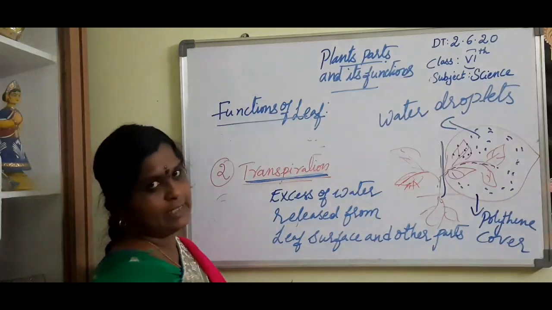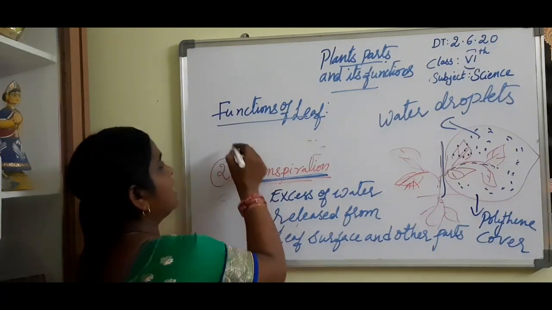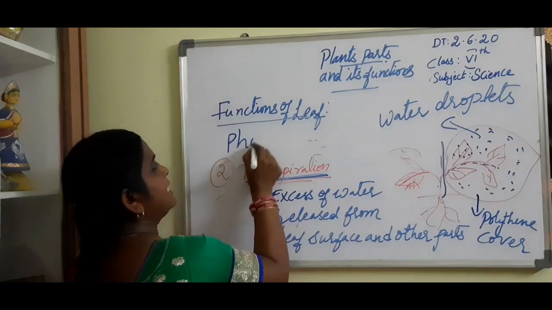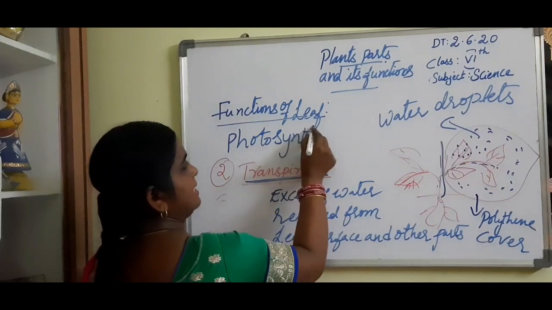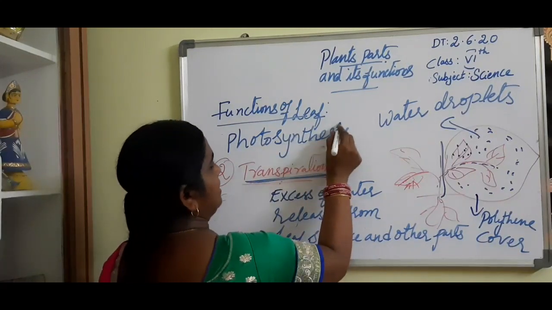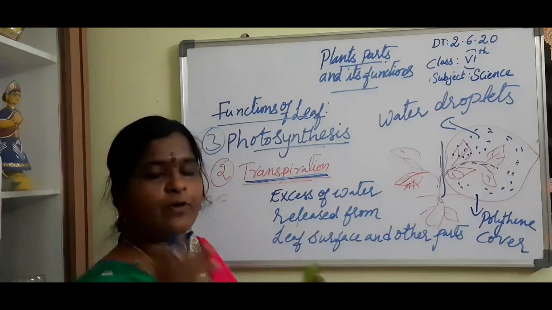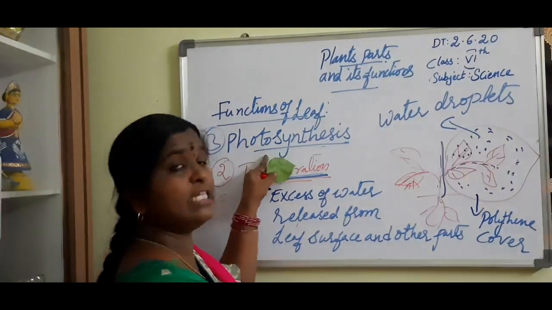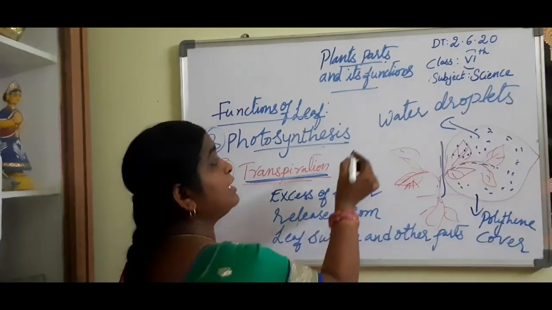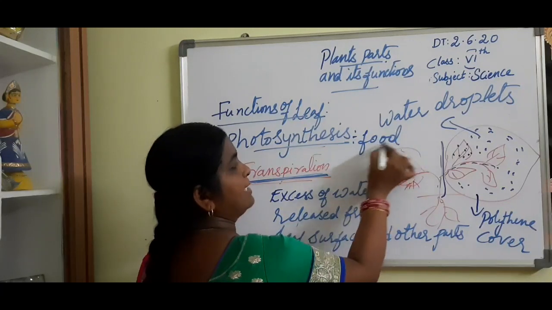Tell me, transpiration. So the next function of the leaf is what? Tell me, photosynthesis. This is the third part. This photosynthesis we have already discussed. This photosynthesis process is helpful in the preparation of what? Tell me, food for the plant.